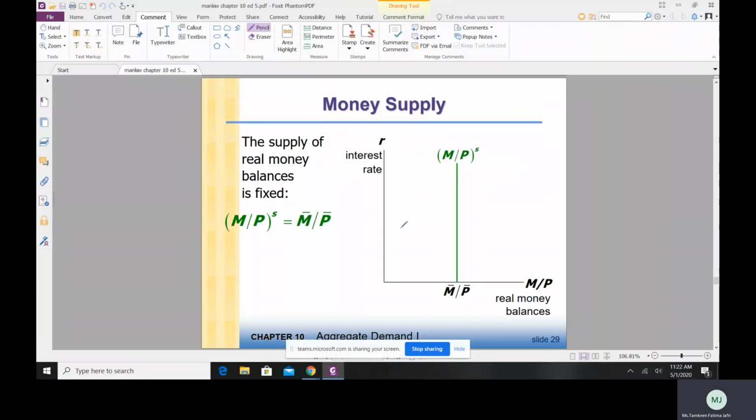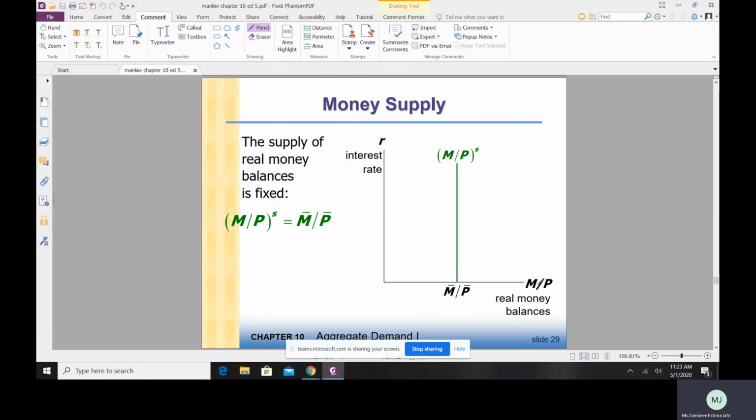What you see on the slide is a representation of the money supply curve. So if you want to plot the supply, we take the real money balance on the x-axis and we take interest rate on the y-axis. Just as a quick revision, M is basically your nominal money balance.